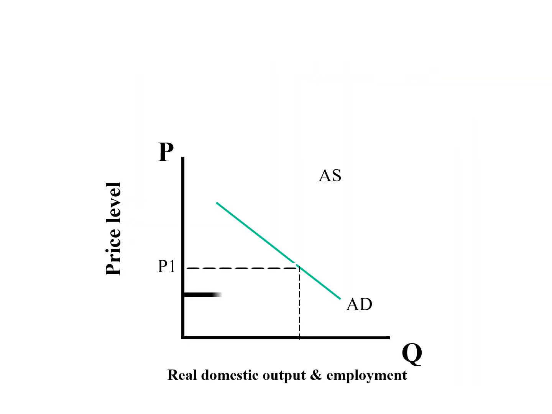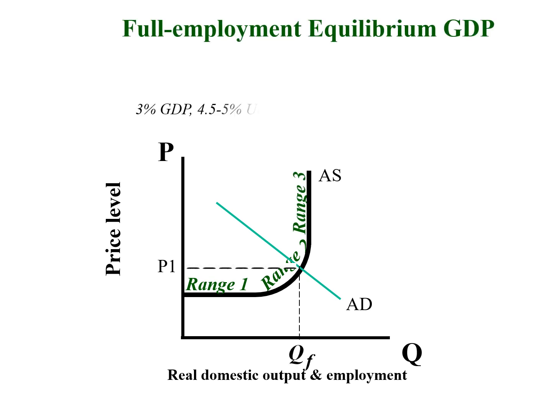So let's bring these together again. This is the same sort of graph we talked about on the first slide of the video. When you have short-run aggregate supply and short-run aggregate demand, we are able to determine the level of GDP, unemployment, and inflation.